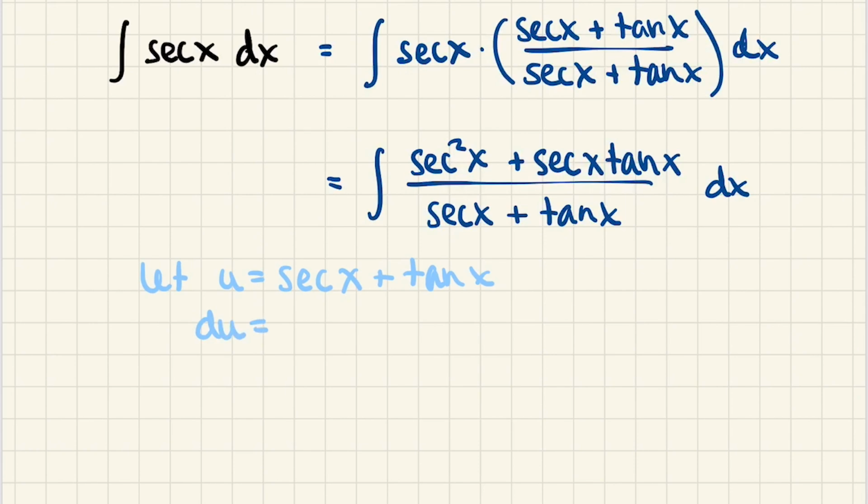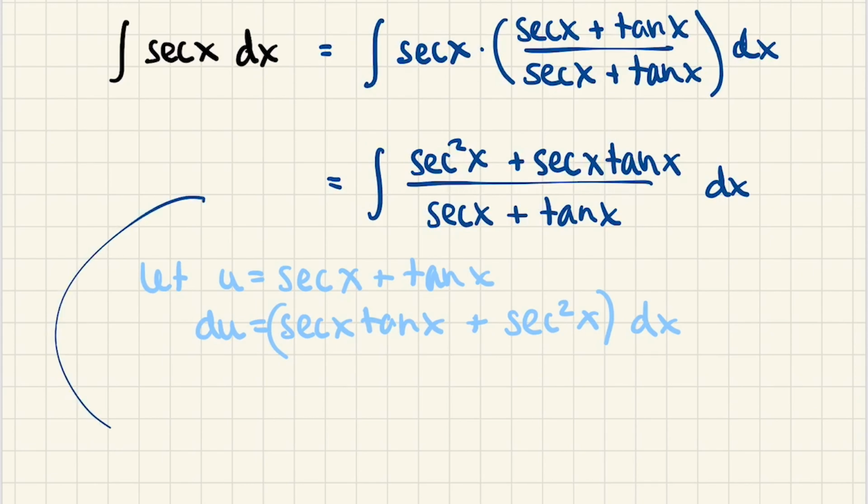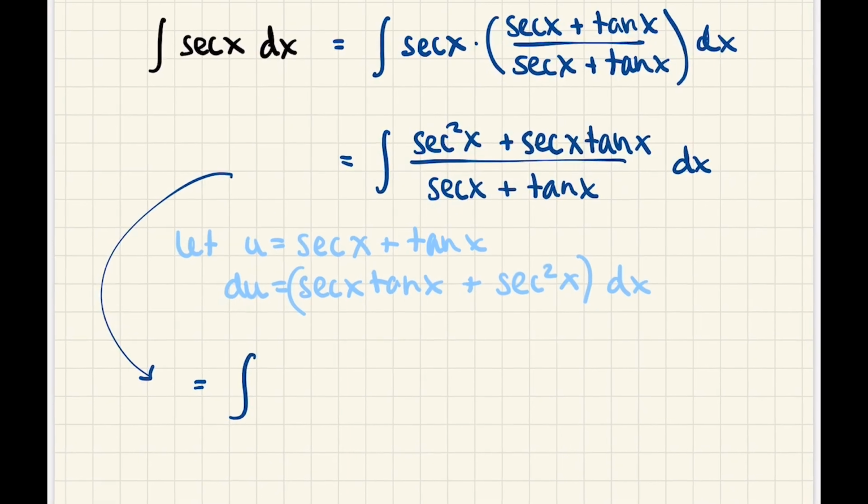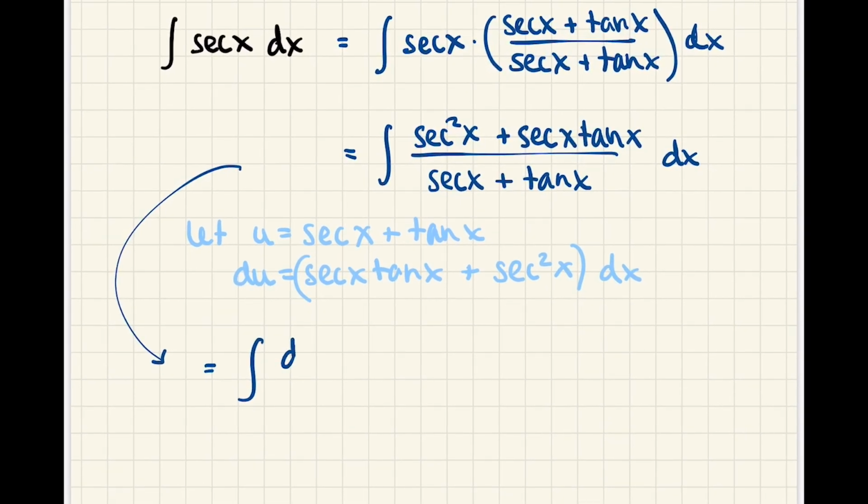So du is the derivative of secant, which is secant times tangent, plus the derivative of tangent, which is secant squared of x. That entire quantity is being multiplied by dx. And so our integral becomes du over u, which of course integrates to natural log of absolute value of u plus a constant.